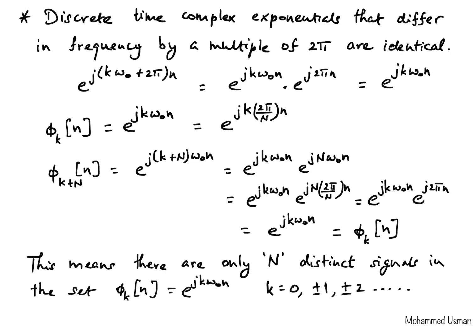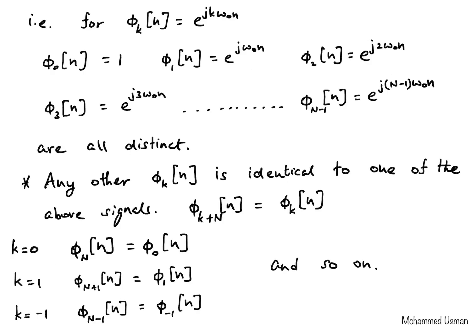And if two complex exponentials differ in frequency by an amount equal to 2 pi or multiples of 2 pi, they become identical. So with these three pieces of information, we can decide the range of the summation in the Fourier series.